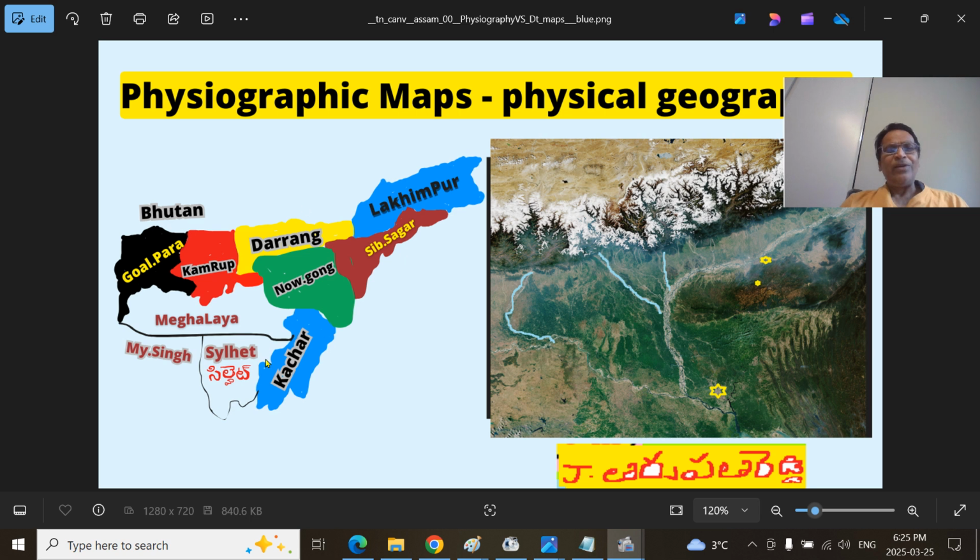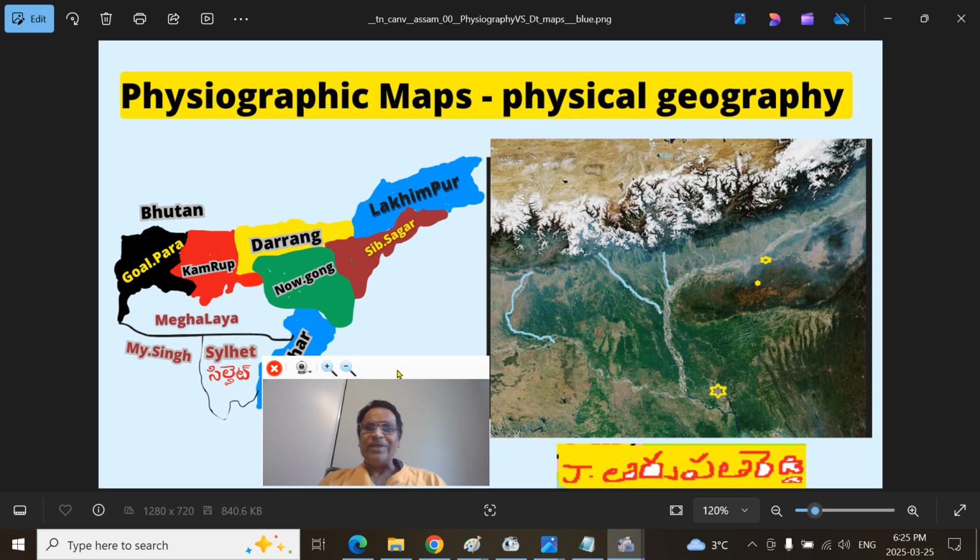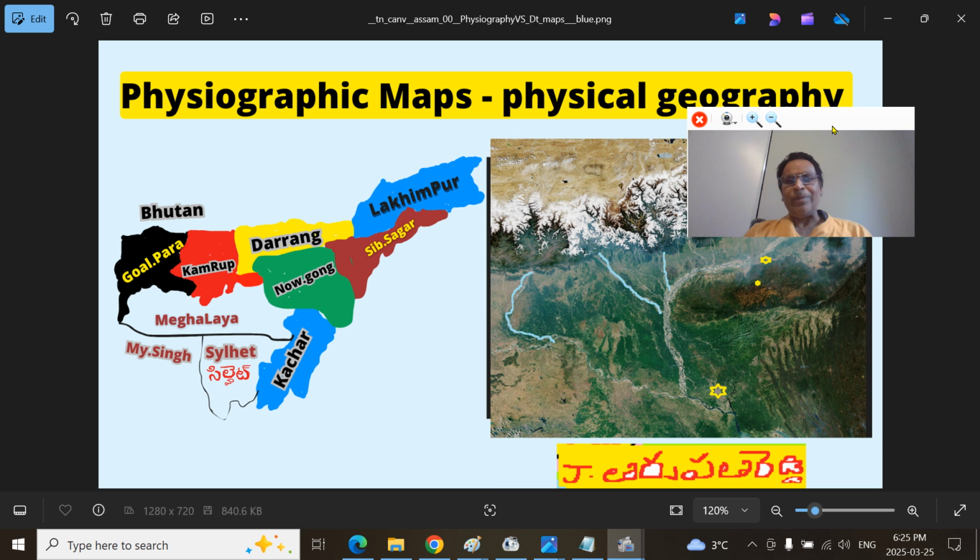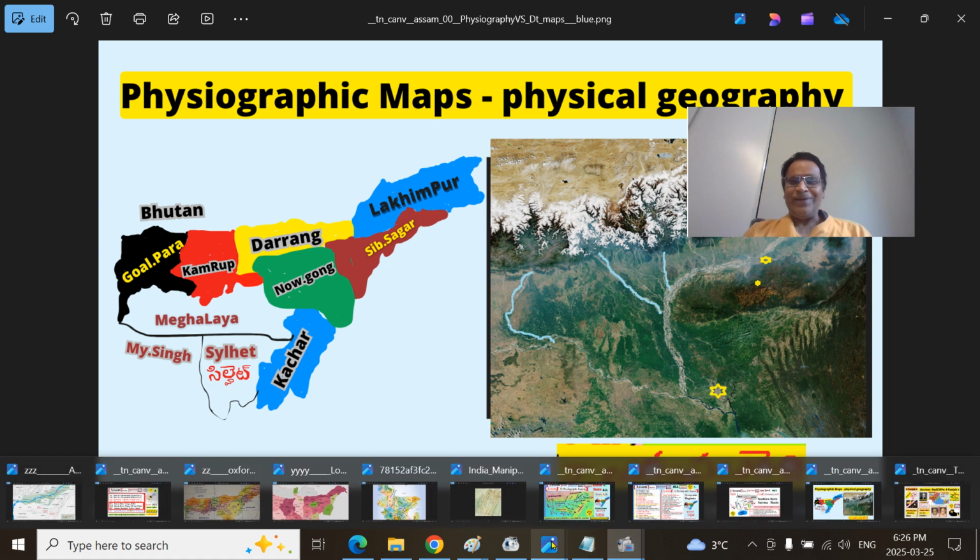You see only the two-dimensional part here, whereas if you look at the physiographic map, you will see almost the three-dimensional, that is the rivers, mountains, valleys, Brahmaputra Valley, Assam Valley, the plains, and it will give you a broader, deeper understanding of how the terrain, the land, habitat, physiography shapes our current life.